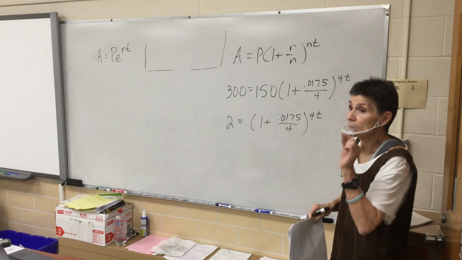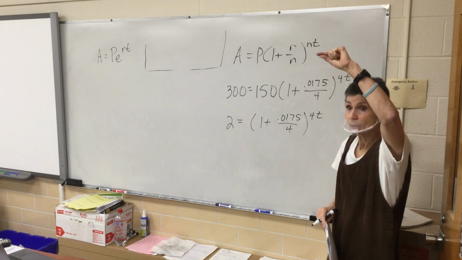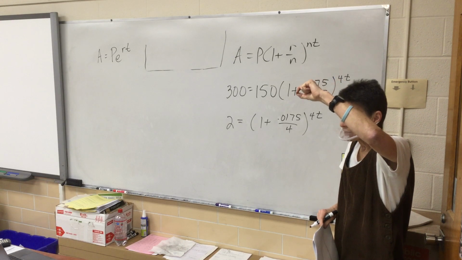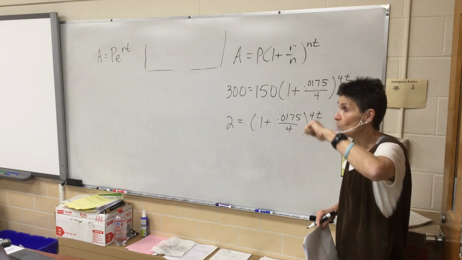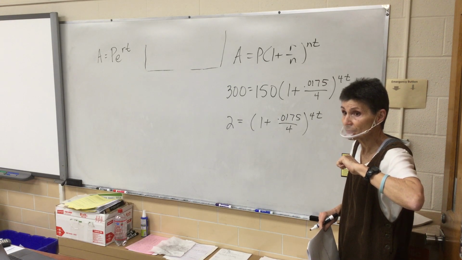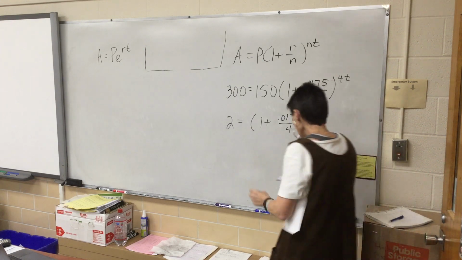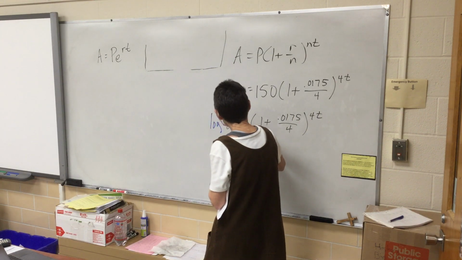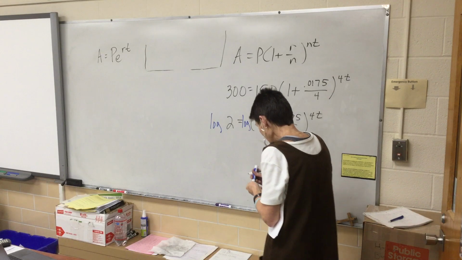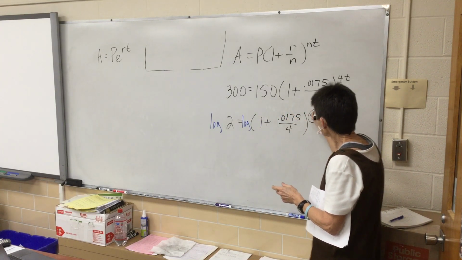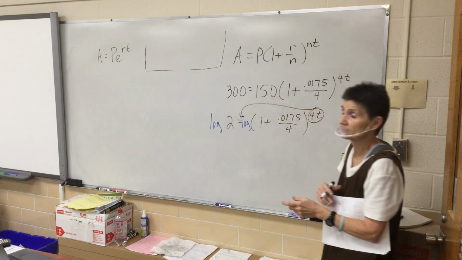Now, do you see that your variable is an exponent? When your variable is an exponent, you're going to need to use logarithms. So I'm going to take the logarithm of both sides. And I did that for one reason. This comes out in front, the whole thing.